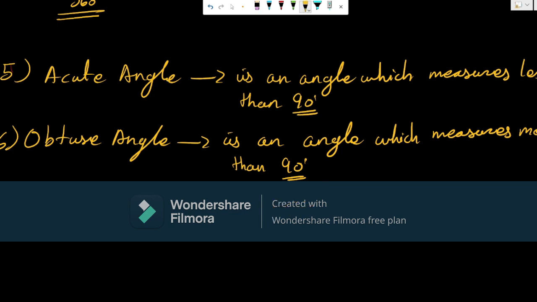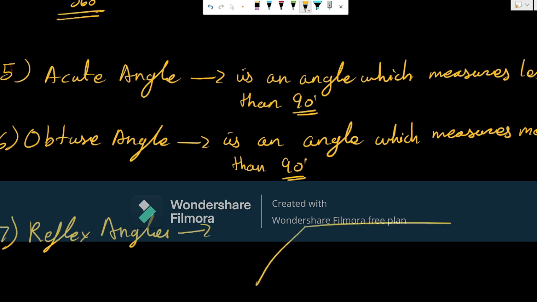Let's see how to show reflex angle. Okay, now this is the seventh one. Reflex angle. Now, reflex angle is shown like this. You can call it an obtuse angle with a different name.